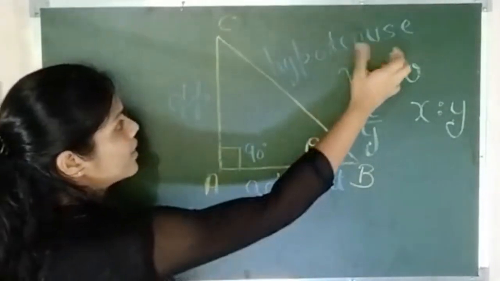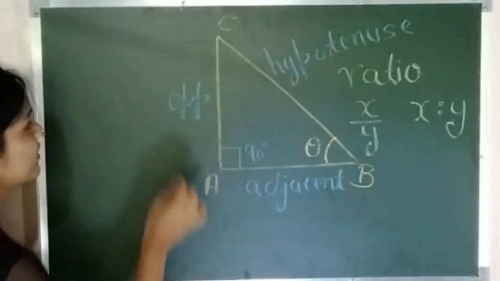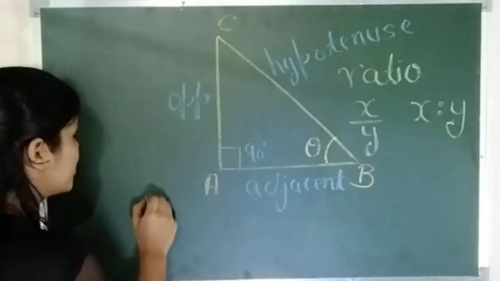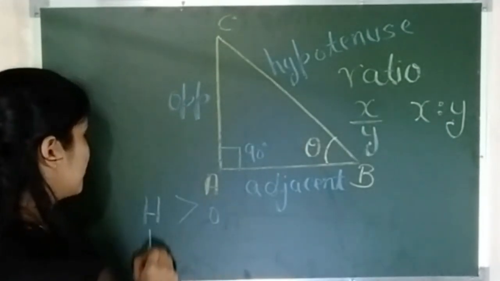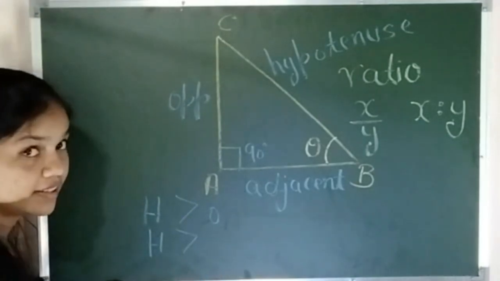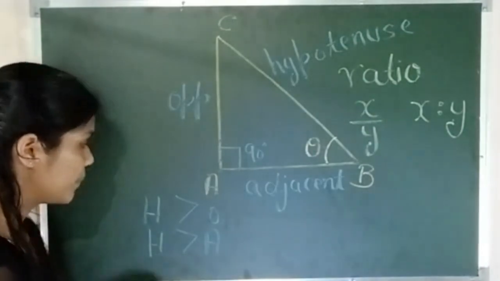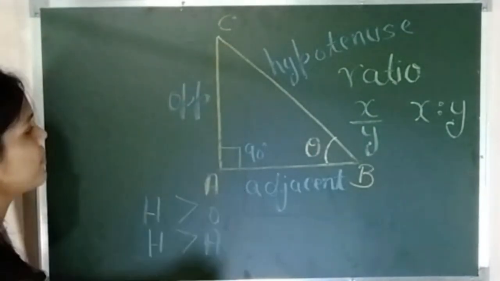The length of the hypotenuse is always greater than the length of the opposite as well as the adjacent side. Hypotenuse is always greater than the opposite side, and greater than the adjacent side, because this is the application of the Pythagoras theorem. What does the Pythagoras theorem say?